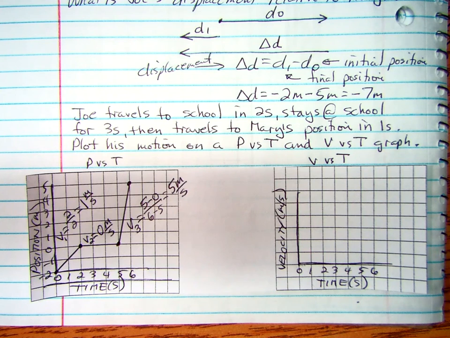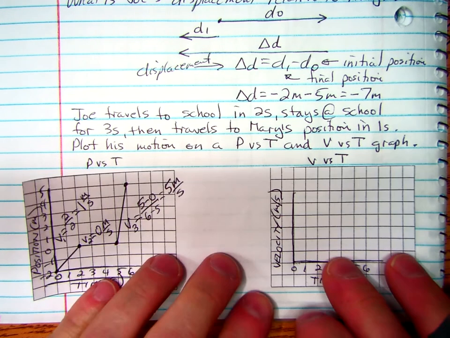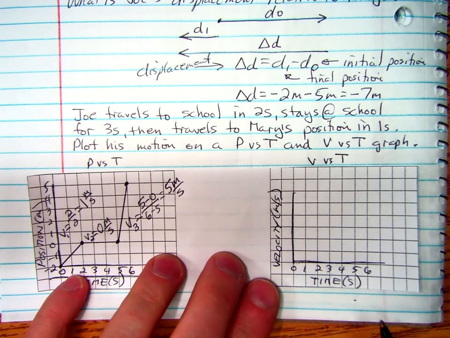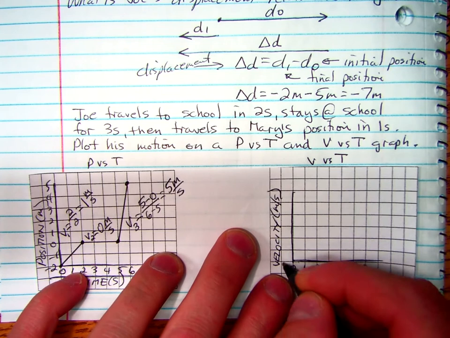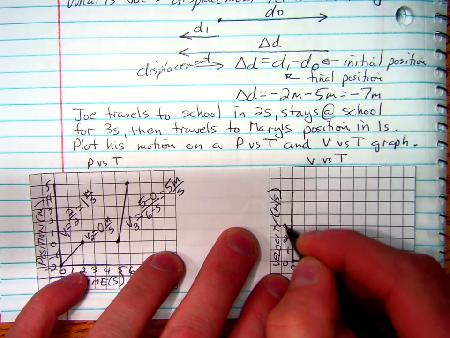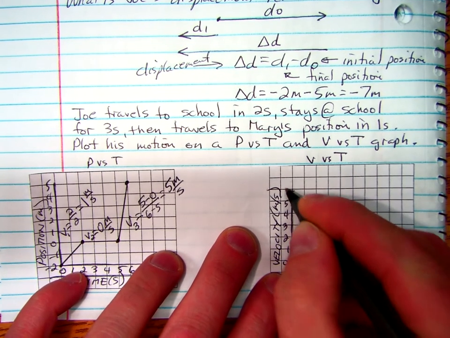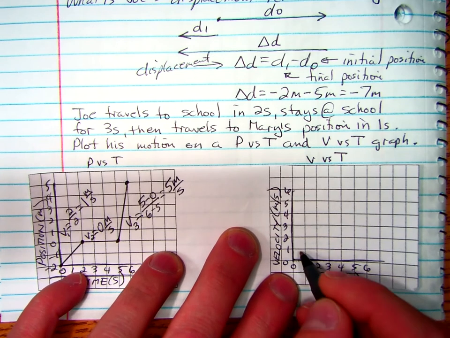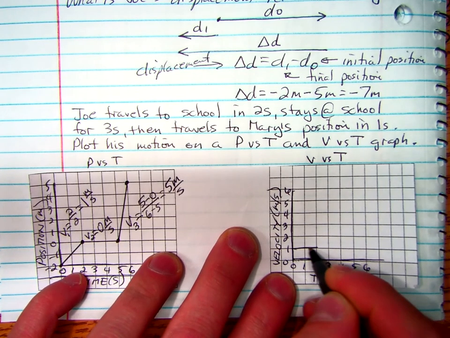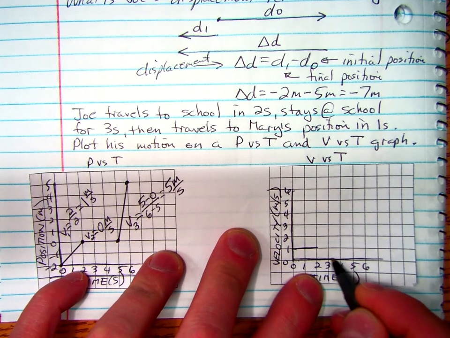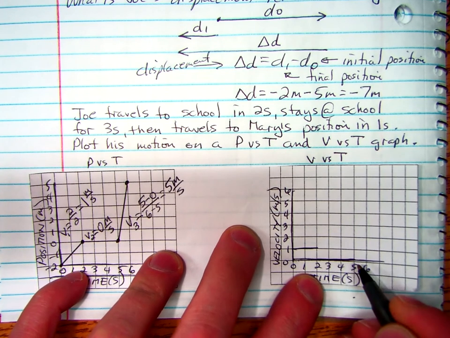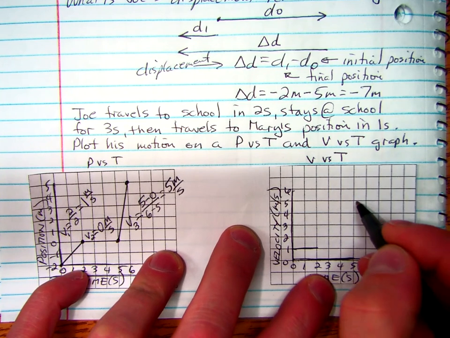All right, so now we're going to graph our velocity versus time. Our initial velocity is 1 meter per second. So we're going to go 0, 1, 2, 3, 4, 5, 6. We travel at 1 meter per second for 2 seconds. Then we travel at 0 meters per second for 3 seconds. And then we travel at 5 meters per second for 1 second.